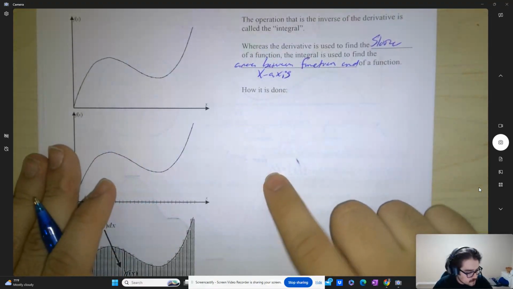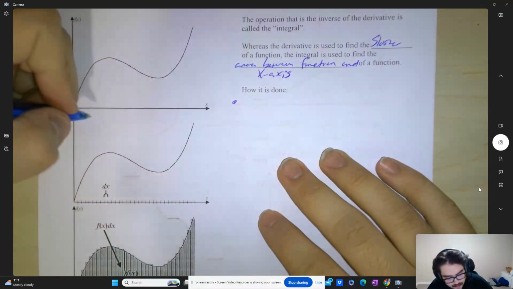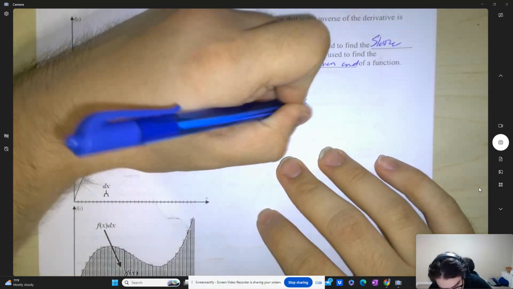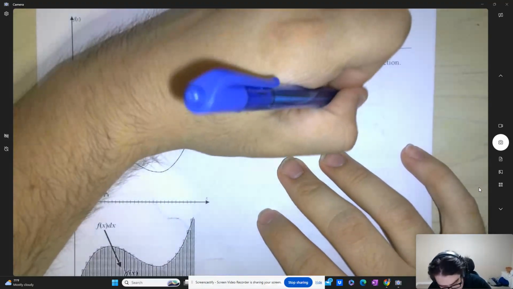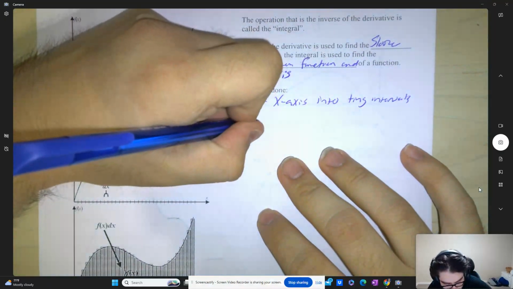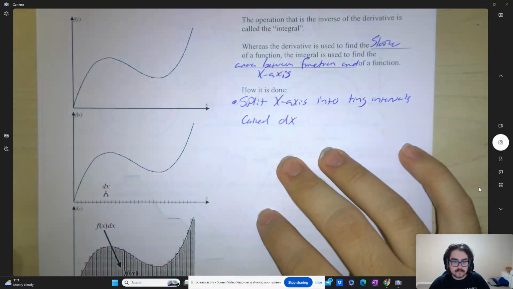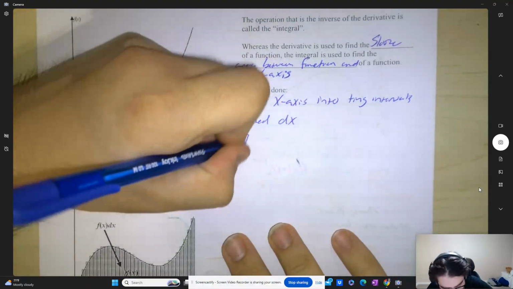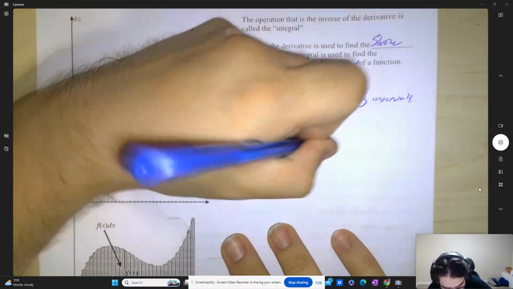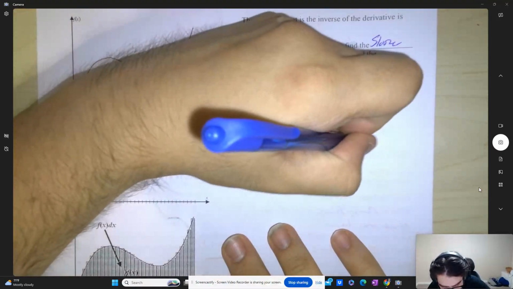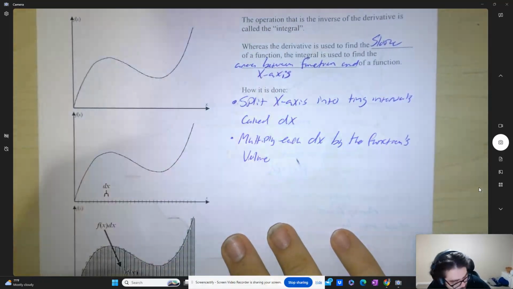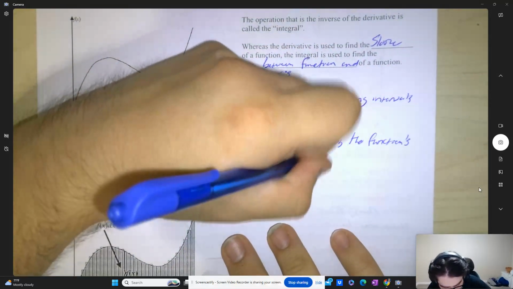The first thing is that you split the x-axis into tiny intervals, which we call dx. You multiply each dx by the function's value above that dx.